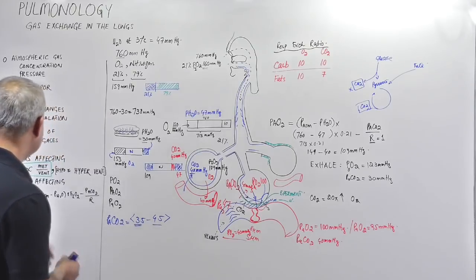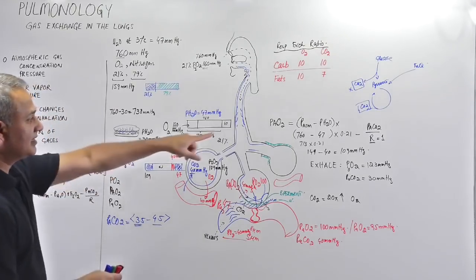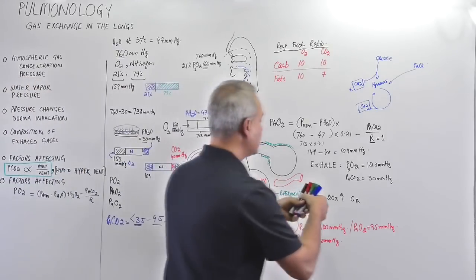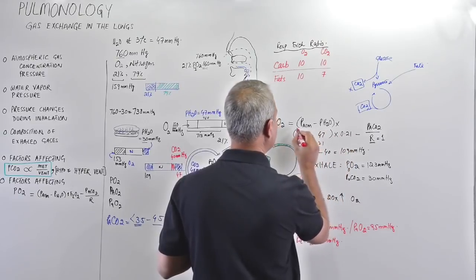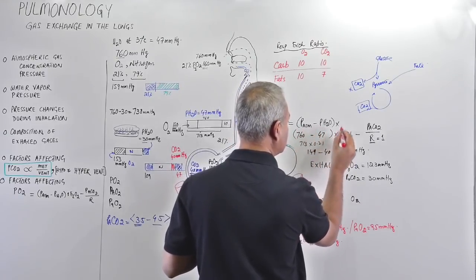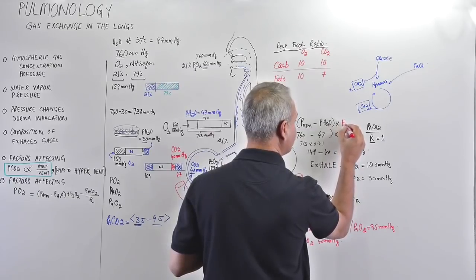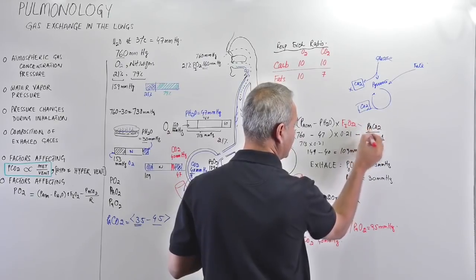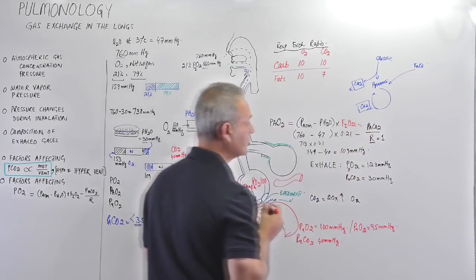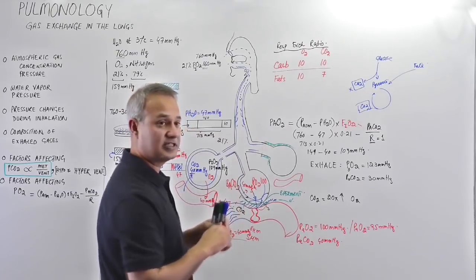Now, what are the factors that are affecting the oxygen? So look, we had that equation over here as well. What is that equation? We saw atmospheric minus pH2O times fraction of inspired oxygen, minus PaCO2 over R. That is the formula for oxygen. These are the factors that affect it as well.